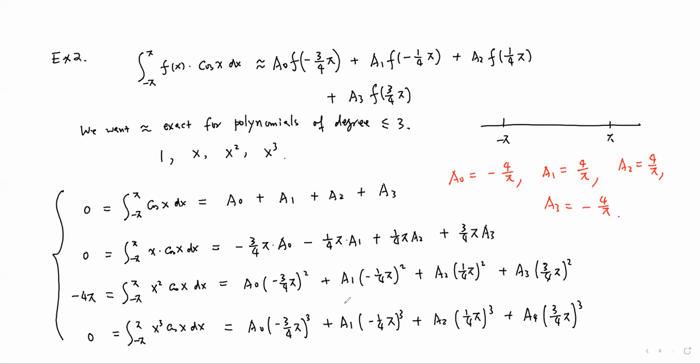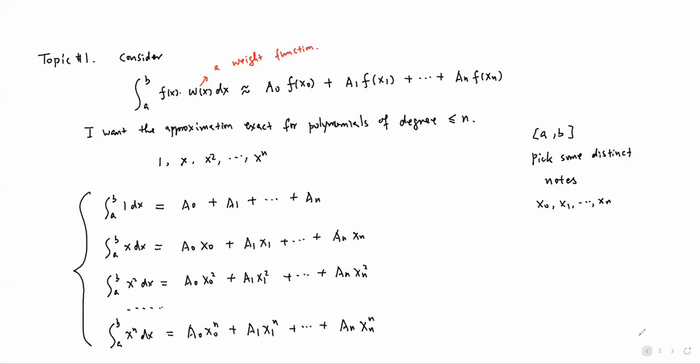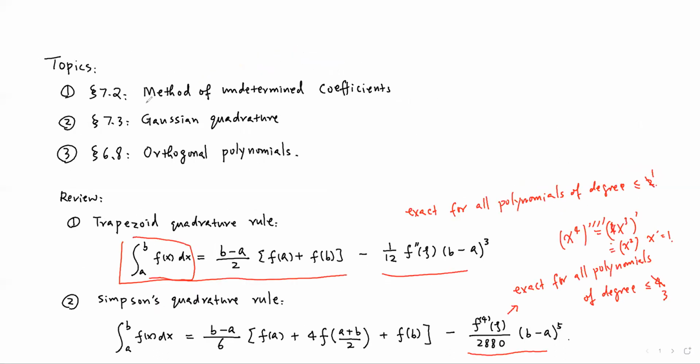The answer. So to compute this integral, we have this formula with these coefficients. Then the approximation is exact for polynomials of degree not greater than 3. This is the so-called method of undetermined coefficients to design a quadrature rule.